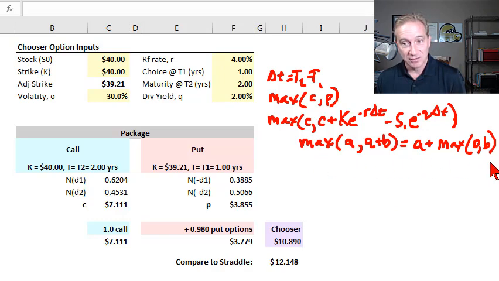So we use that property to pull the C out, and then also we distribute this exponent with the negative dividend.